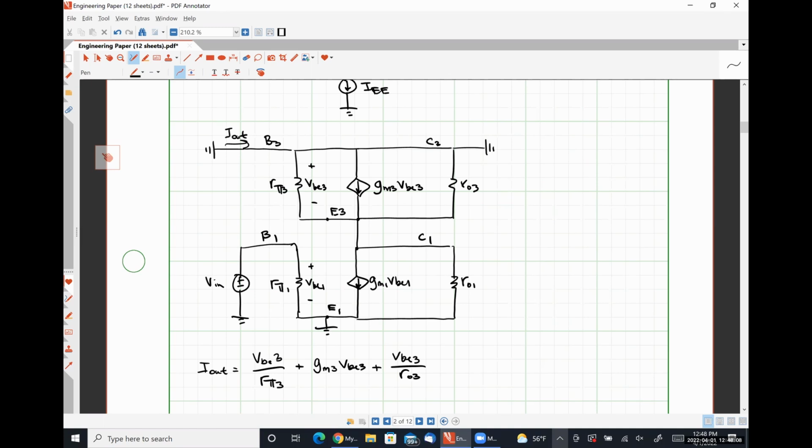Right? This is the current flowing in is equal to the current flowing out. Are we okay with that?